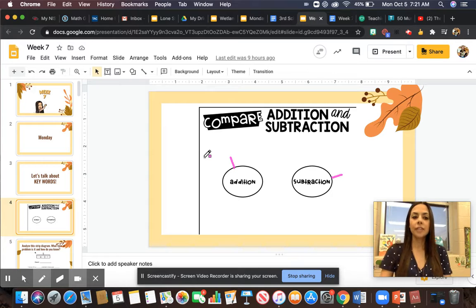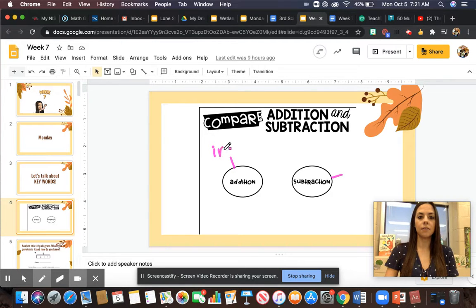For an addition problem, one of the biggest keywords you're going to see is "in all." How many markers did she have in all? "In all" is a big one. A big subtraction word or phrase that you're going to see is "how many more."